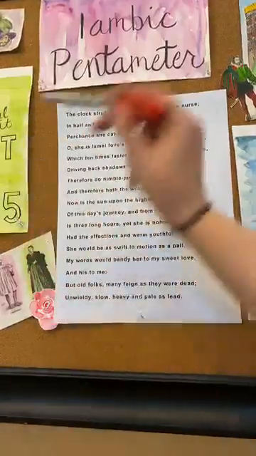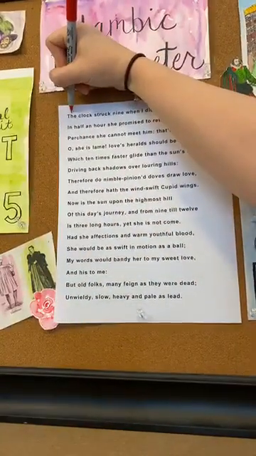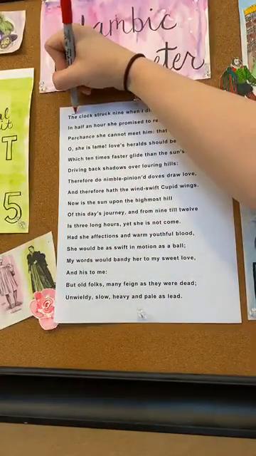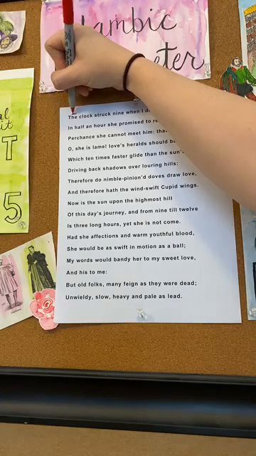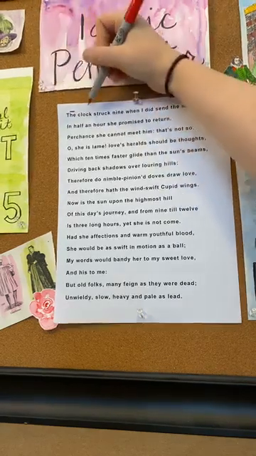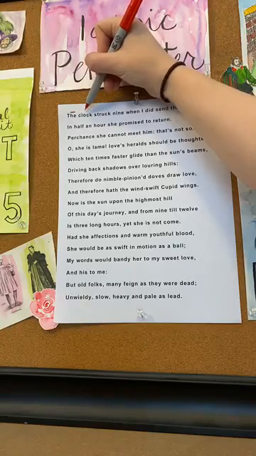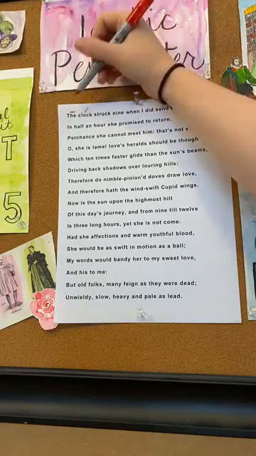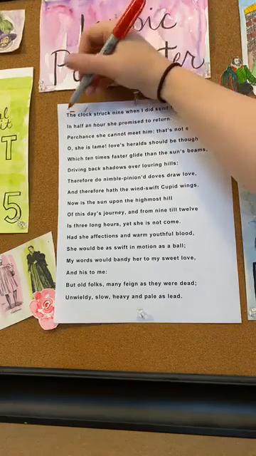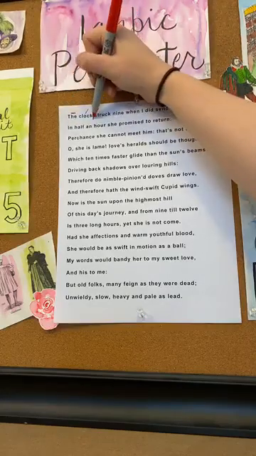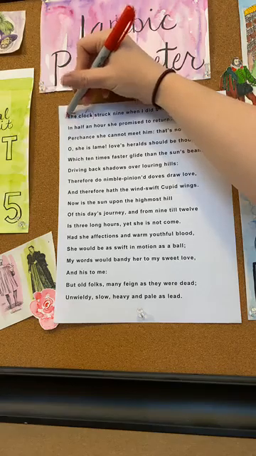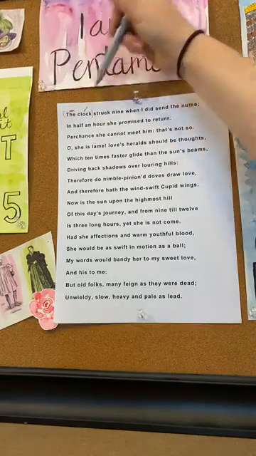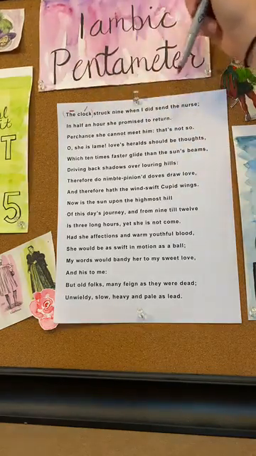So let's try it with just the first line. We know that it starts with a softer, unstressed part and a stressed. So that's 1 foot, the clock. You can even put it in brackets if you want, if that helps you. And we know that there's going to be 5 feet in each line normally.